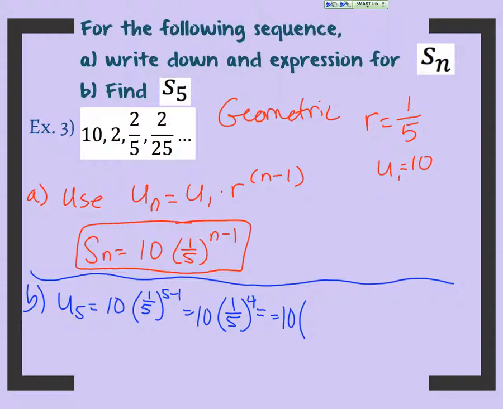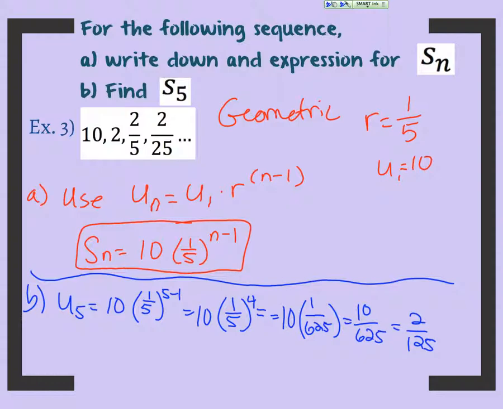So 1 to the power of 4 is just 1. 5 to the power of 4, I believe, is 625. So I have 10 over 625. But if I divide those both by 5, I end up with 2 over 125.